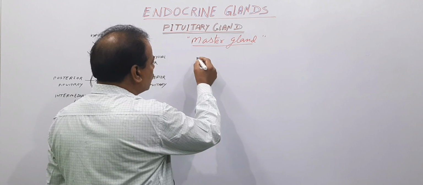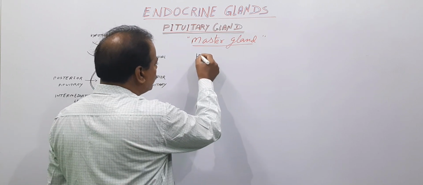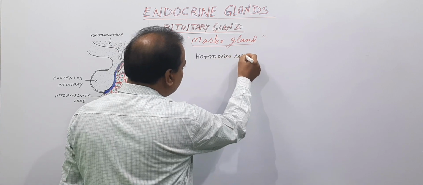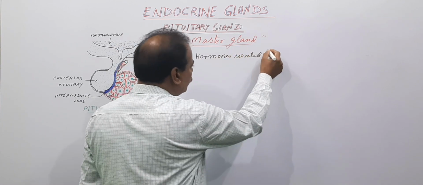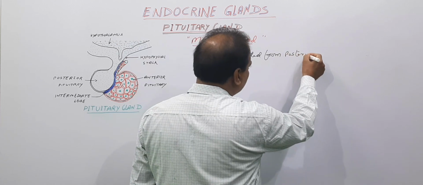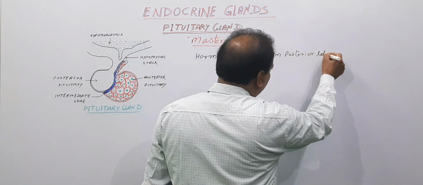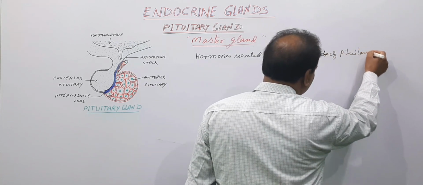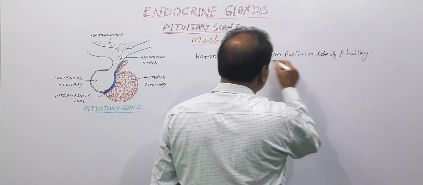Now we are discussing the hormones secreted from the posterior lobe of pituitary.